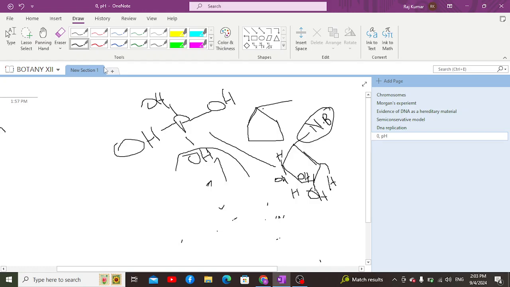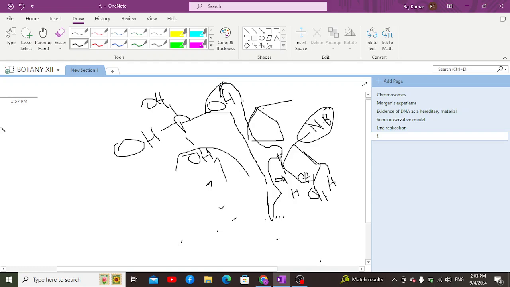Now, what actually happens in the structure of DNA is that phosphoric acid, since it is an acid, has OH groups, and it donates one of its OH groups and takes the hydrogen from the fifth carbon.